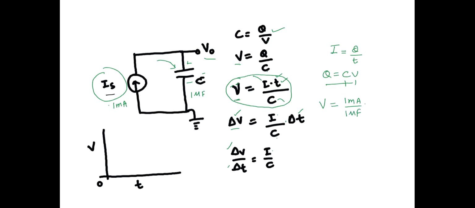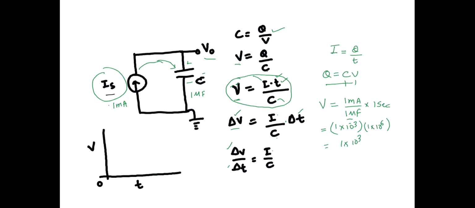In 1 second, as soon as you connect this current source to this capacitor, it will start charging it, and it can be written as 1 into 10 to the power minus 3 over 1 into 10 to the power minus 6, so it will become 1 into 10 to the power 3.